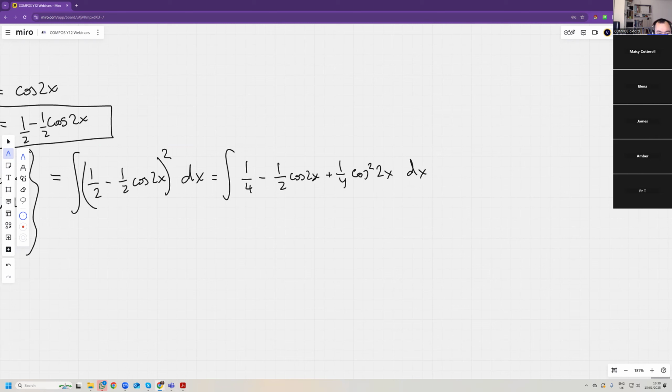Now the first two integrals we can calculate. The third one we have to use the power reduction formula again. So cos squared 2x is equal to 1/2 plus 1/2 cos 4x. So we substitute that in. We get the integral of 1/4 minus 1/2 cos 2x plus 1/4 times 1/2 plus 1/8 cos 4x dx.